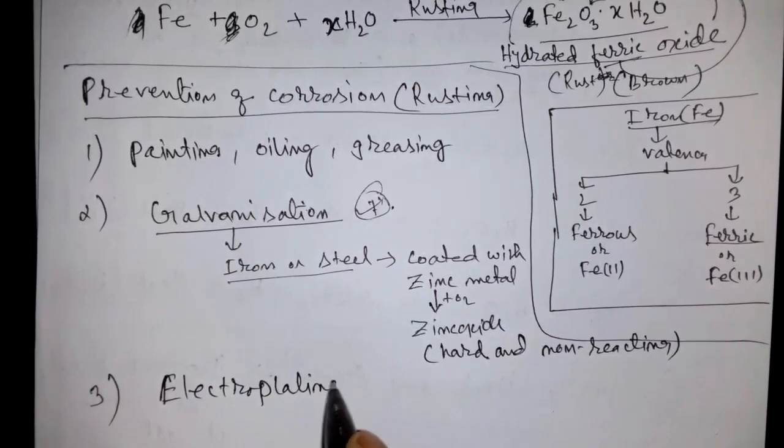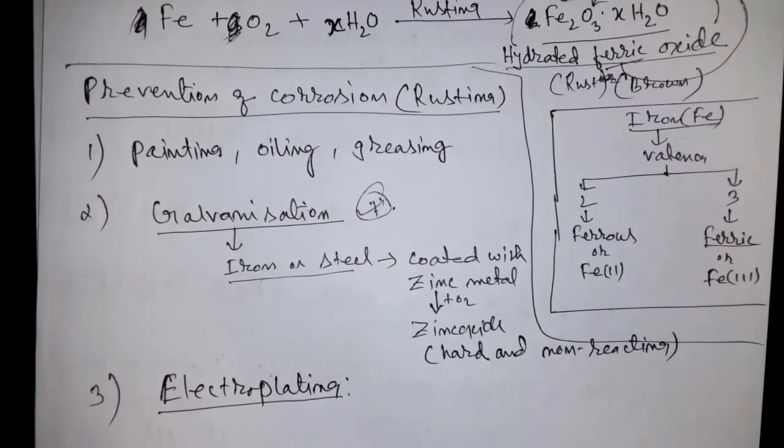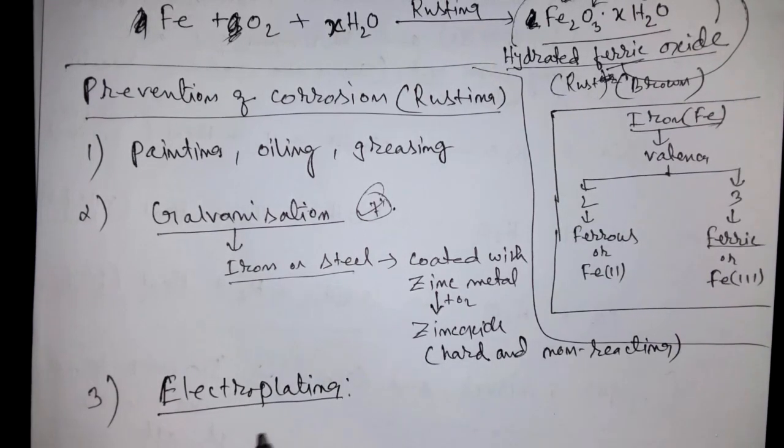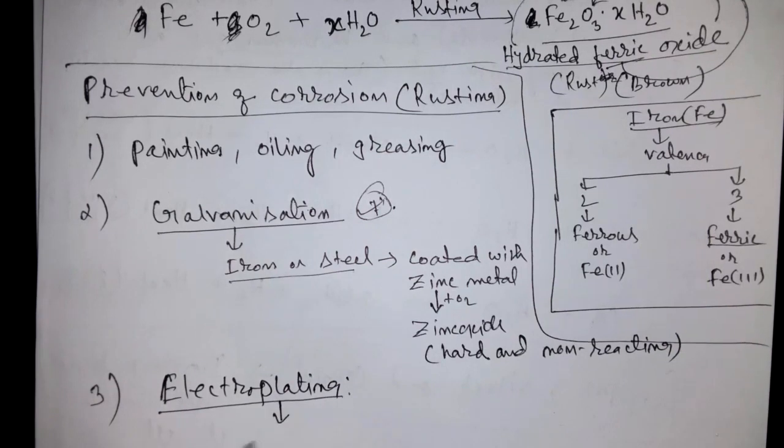Electroplating. In electroplating, what we do is put a cover of a superior, non-reactive metal, so that the inside metal is protected.